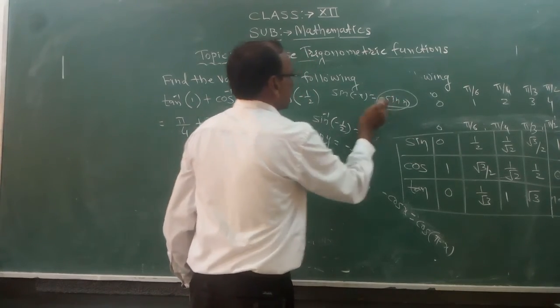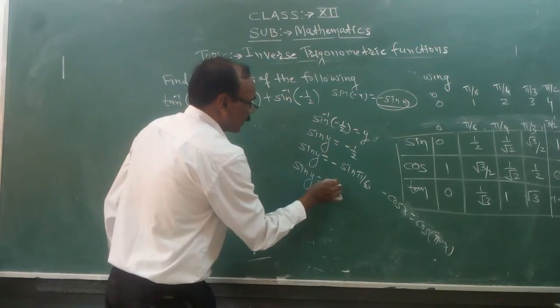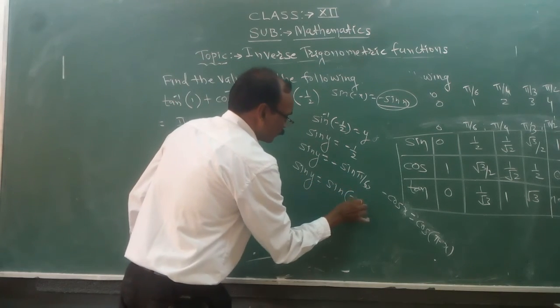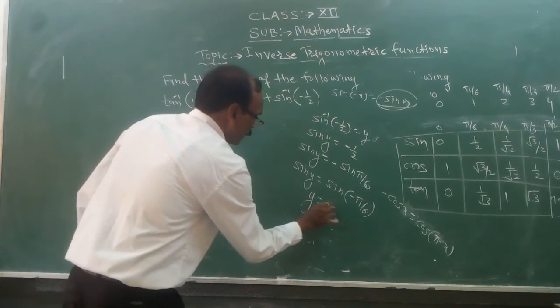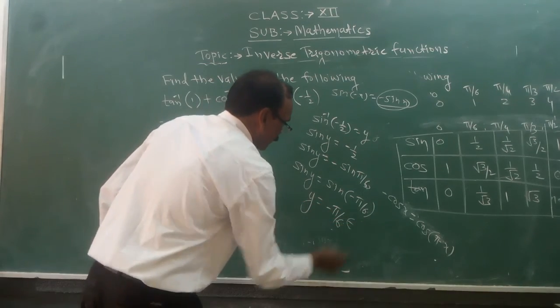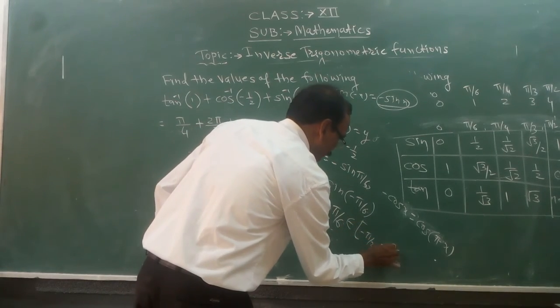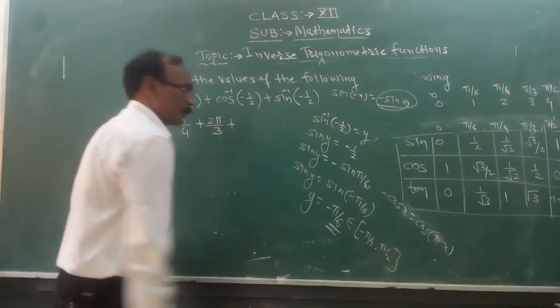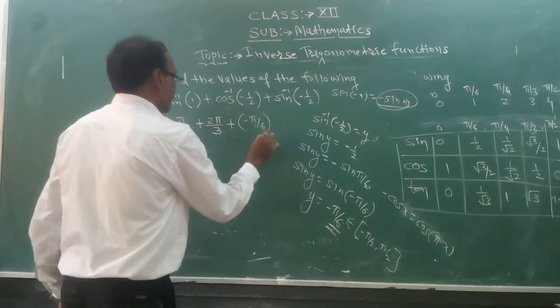So minus sin pi by 6 can be written as sin of minus pi by 6. So sin y equals sin of minus pi by 6. So y equals minus pi by 6, which belongs to the closed interval minus pi by 2 to pi by 2. So this is minus pi by 6.